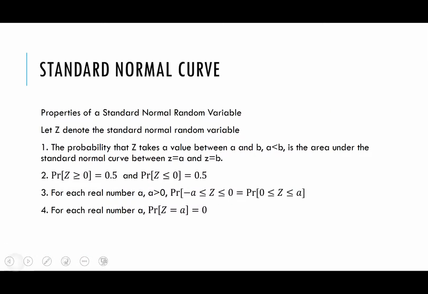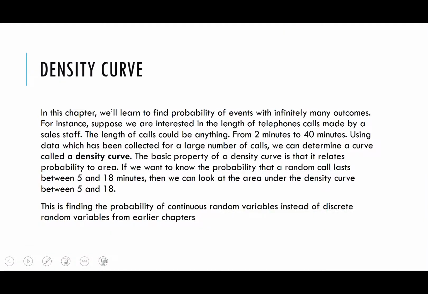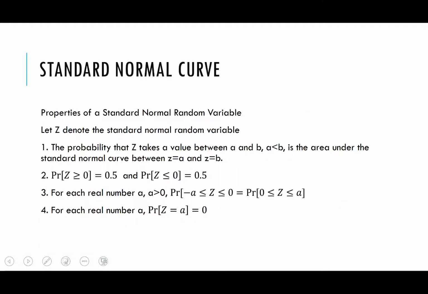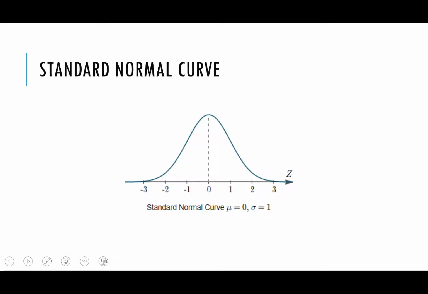Back to the beginning though. This here is a standard normal curve. It's a normal distribution, but a standard normal distribution always has a mean of 0 and a standard deviation of 1. You can see the center here is our mean, our average, 0, and a standard deviation of 1.